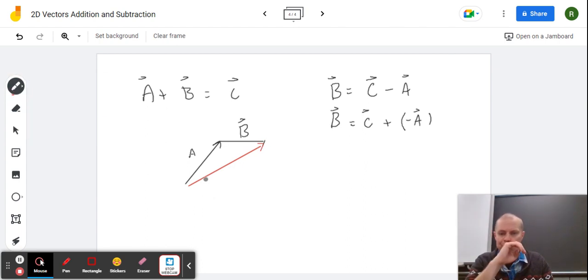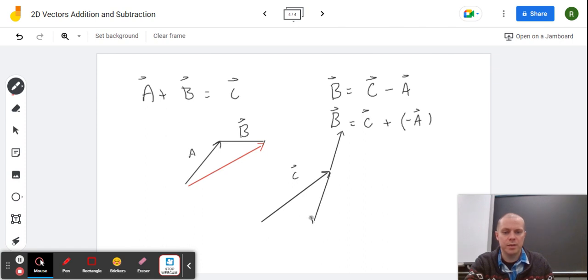this here. We had vector C, and vector A normally looks like this, but we're adding the opposite to it, negative A. So negative A is the same thing, but in the opposite direction.